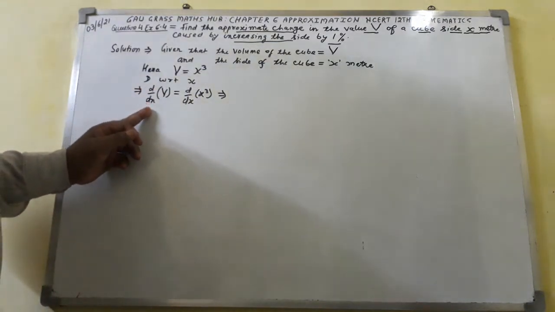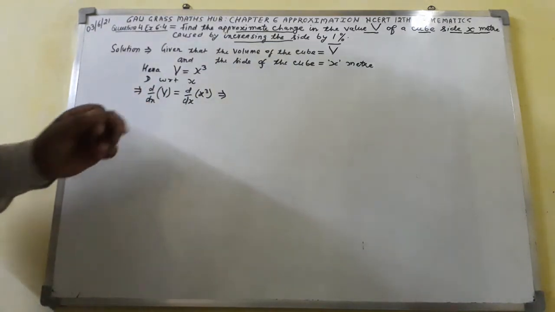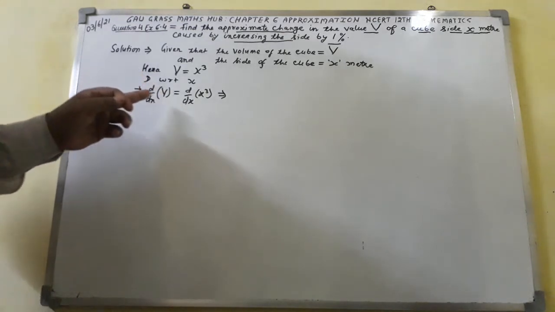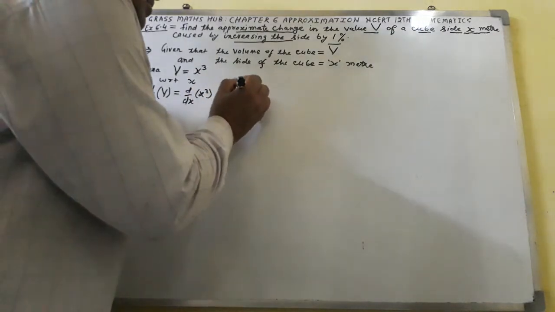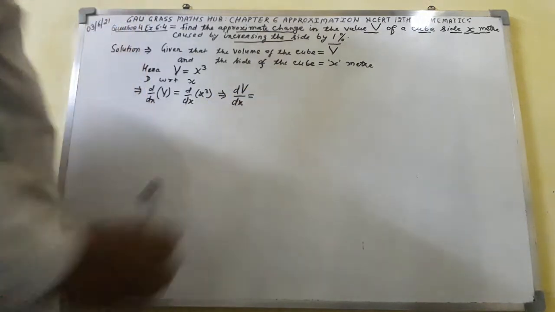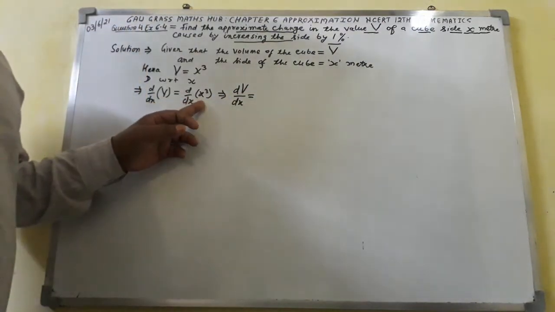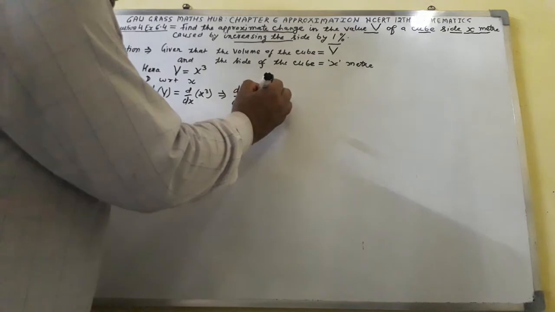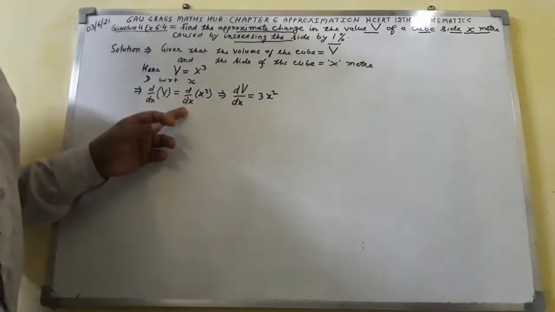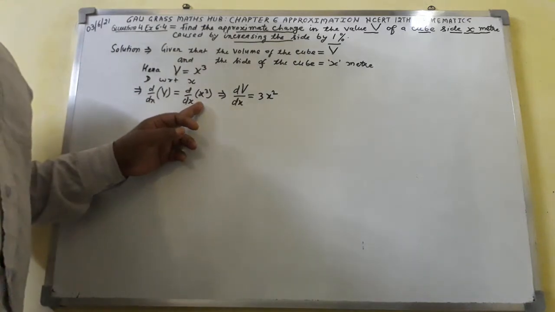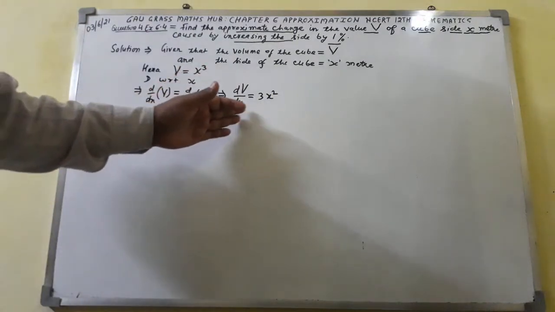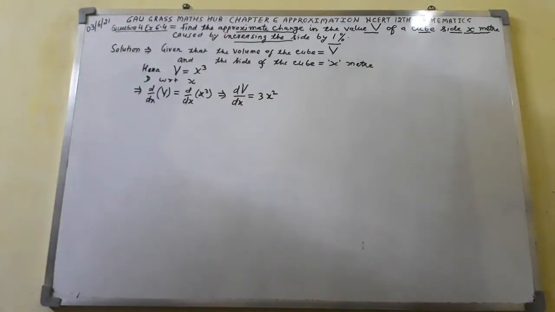Capital V and x are different, that's why V will be combined with d, coming out to be dV over dx. So dV over dx equals d over dx of x cube, which comes out to be 3x square. The value of dV over dx you have got is 3x square.